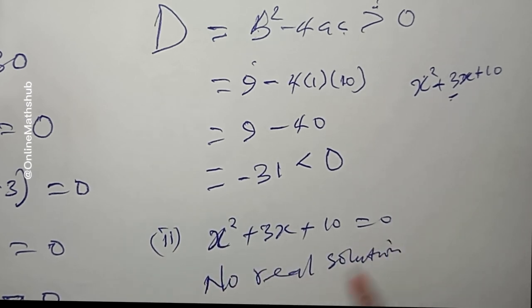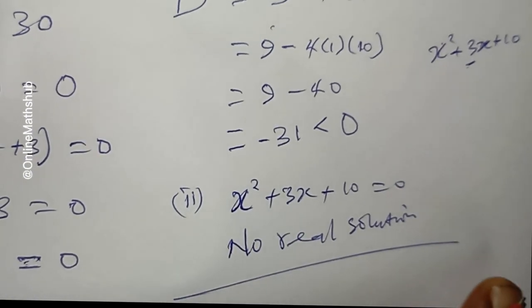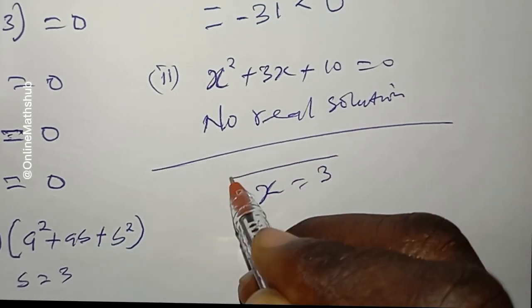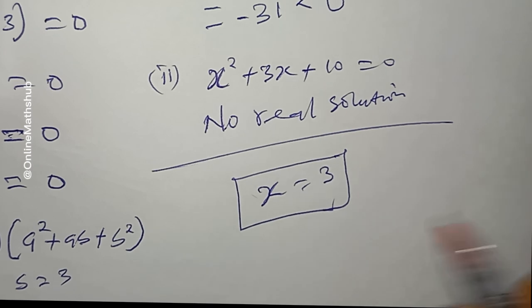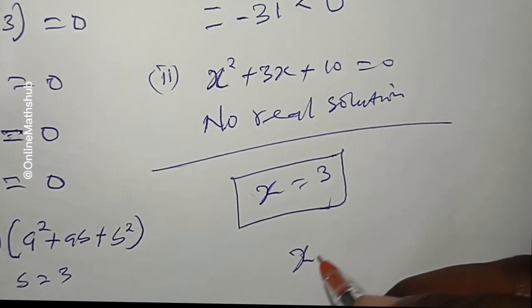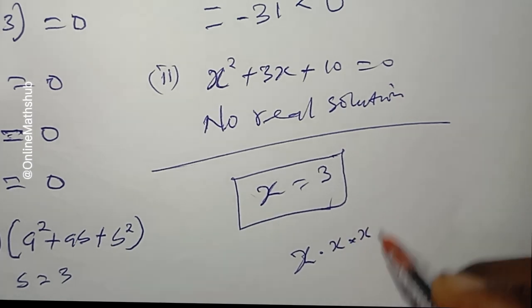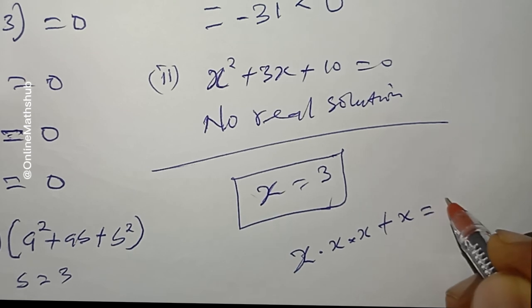Okay, so that being the case, we can just resort to the first value of x, which is equal to 3, which we've actually gotten, and when you put that in the problem we are solving, you're going to see that it does satisfy. So you can go ahead to check x multiplied by x multiplied by x plus x is equal to 30.